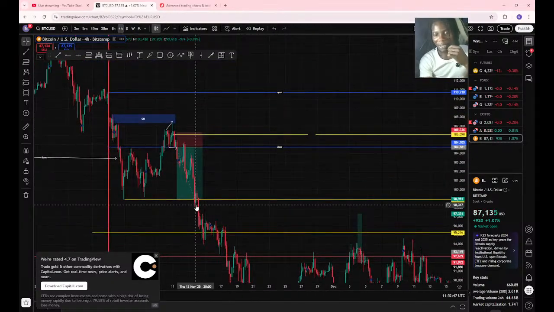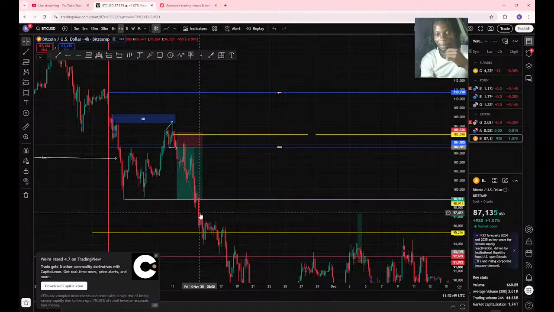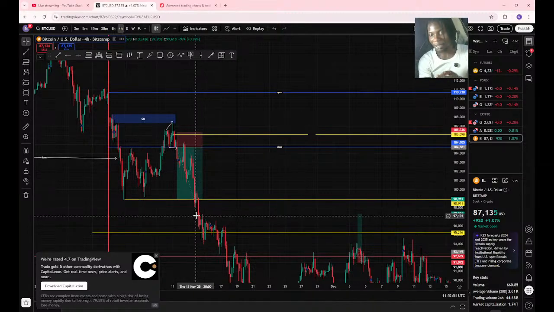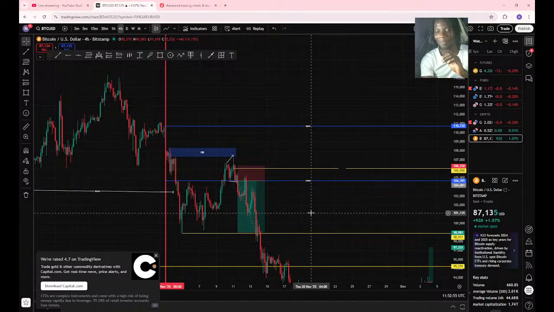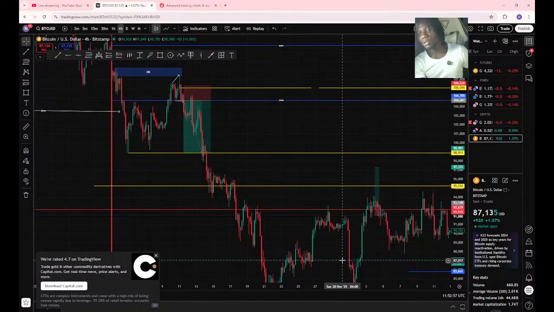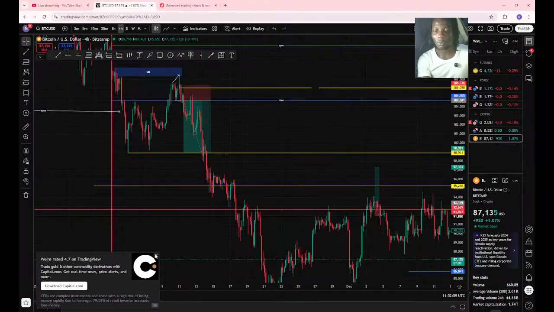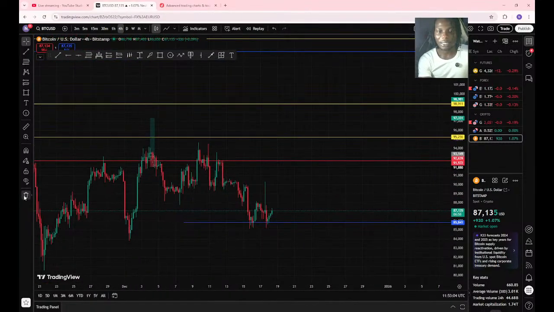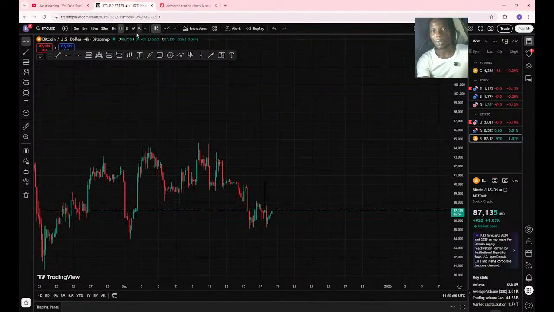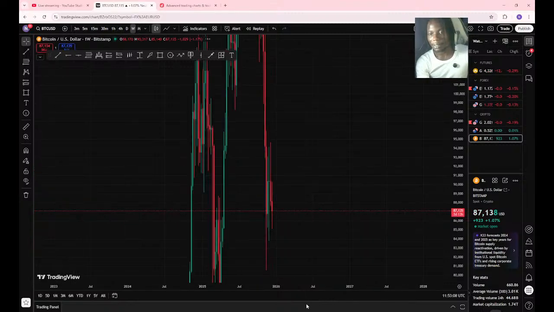Okay, this was November 14. So I've been trading BTC, but I've not been consistent with it. So I want to be consistent with it, and let's do a few back testing together so you guys can see this whole trading section, how I do my own back testing.